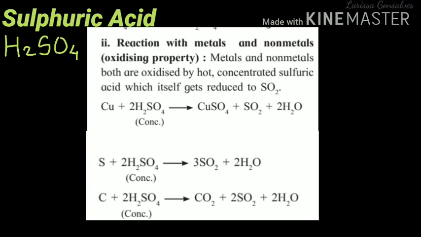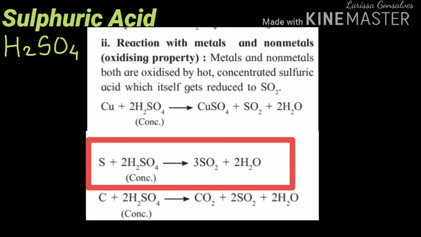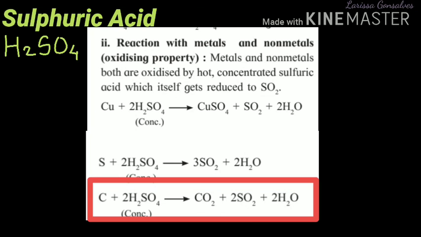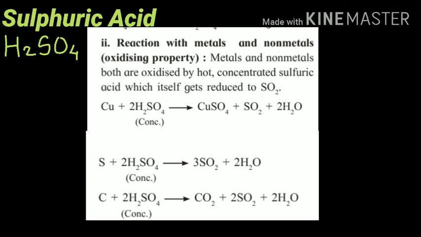Next is the reaction of sulfur with 2 times sulfuric acid, which gives the formation of sulfur dioxide along with water. Next reaction is carbon reacting with concentrated sulfuric acid to give the formation of carbon dioxide, sulfur dioxide and water. Here Cu is a metal while S and C, that is sulfur and carbon, are non-metals.